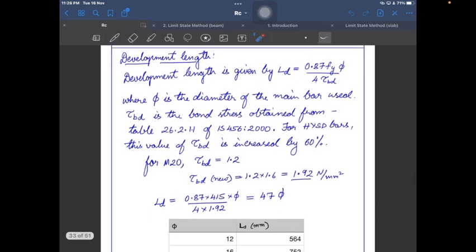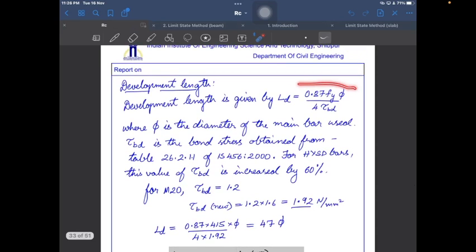I have written down the same thing here. Our LD is calculated from here, and one more thing is that tau BD is obtained from this table in IS 456, and for HYSD bars, tau BD is increased by 60%.